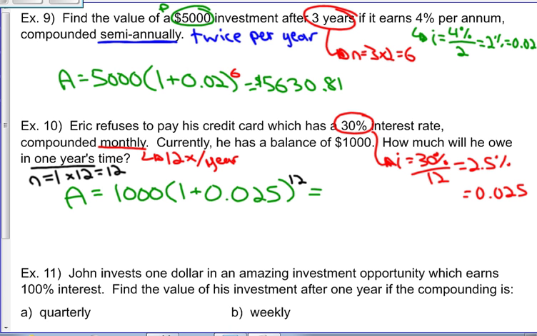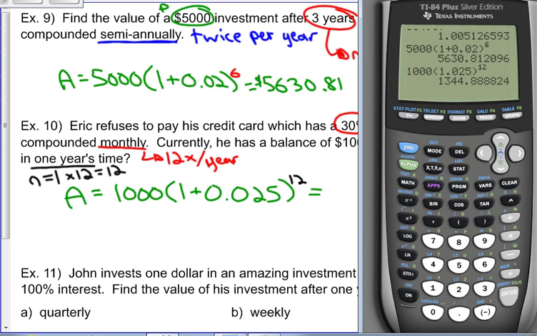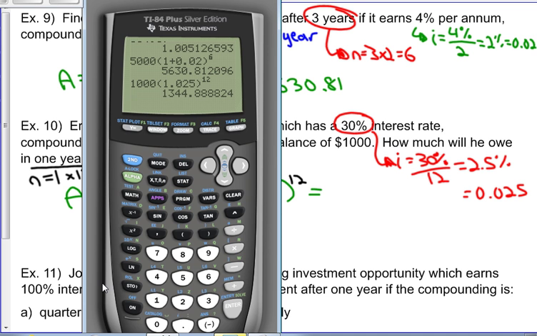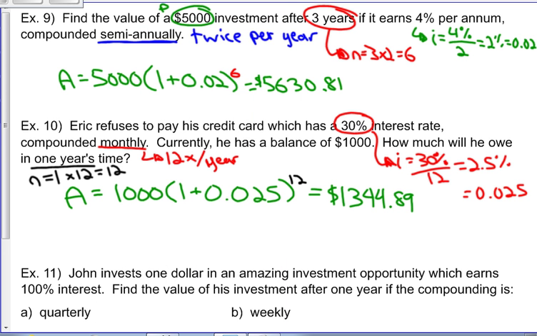We throw that in our calculator, and I already did, and we get $1,344.89. So instead of being charged 30% in the end, it works out to be more like 34.5%. That's the difference between the named rate, or the nominal rate, and the effective rate.